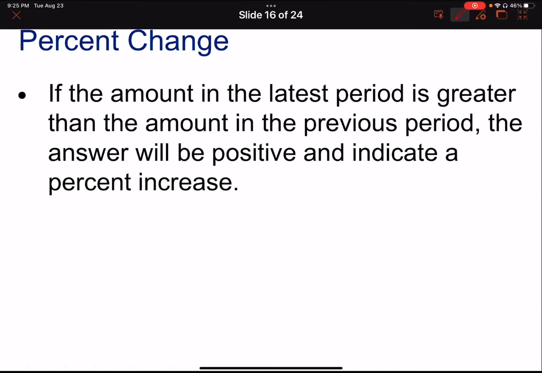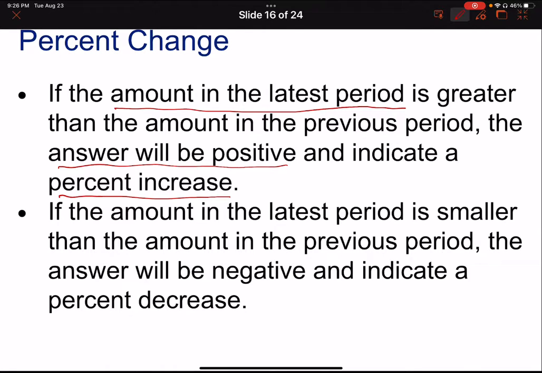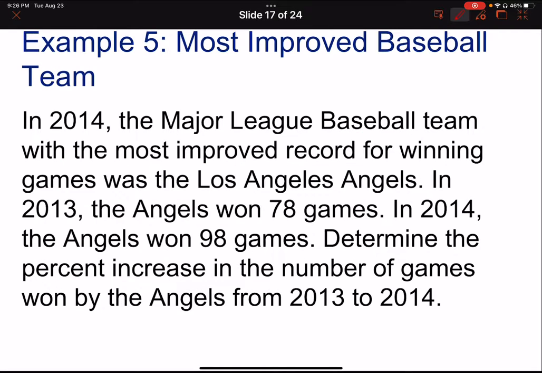Now, obviously, if the amount in the later period is greater, the answer will be positive. That means there is a percent increase. Vice versa, there is a percent decrease. Okay, straightforward. So let's see the Major League Baseball team.